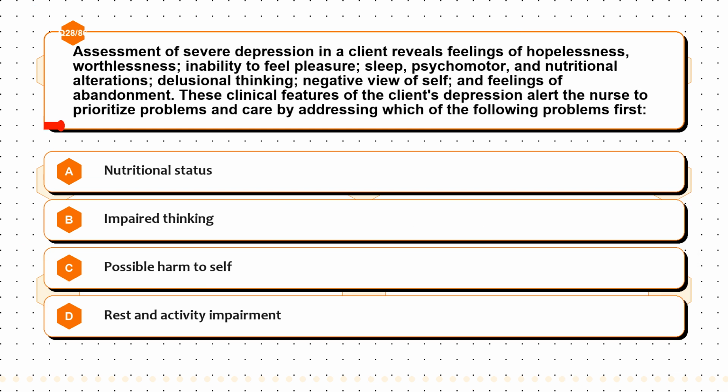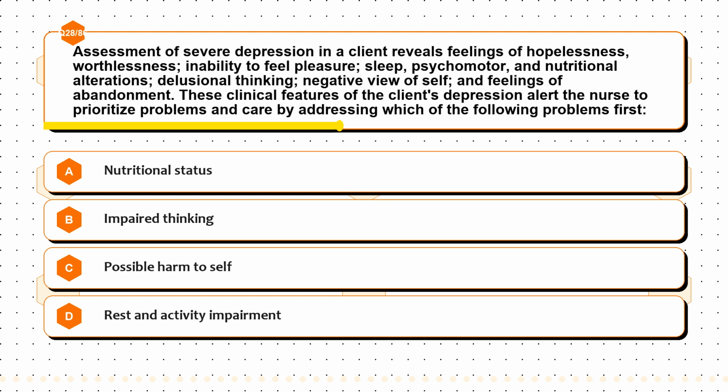Question 28. Assessment of severe depression in a client reveals feelings of hopelessness, worthlessness, inability to feel pleasure, sleep, psychomotor, and nutritional alterations, delusional thinking, negative view of self, and feelings of abandonment.